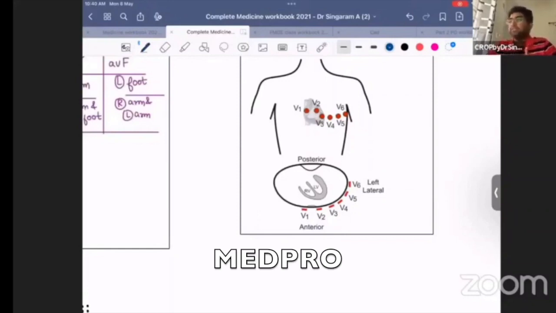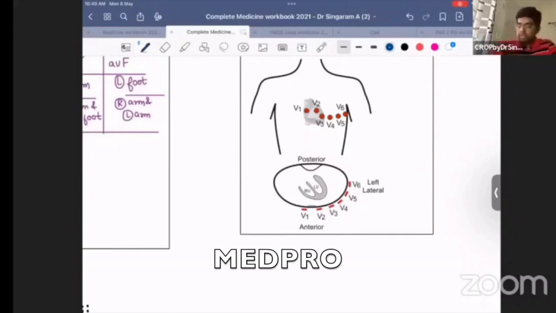For example, yes, it is looking at the anterior part of the heart. Very correct. It is looking at the front of the heart. It is not only looking at the front of the heart, it's also looking at the sides, the lateral areas of the heart also.